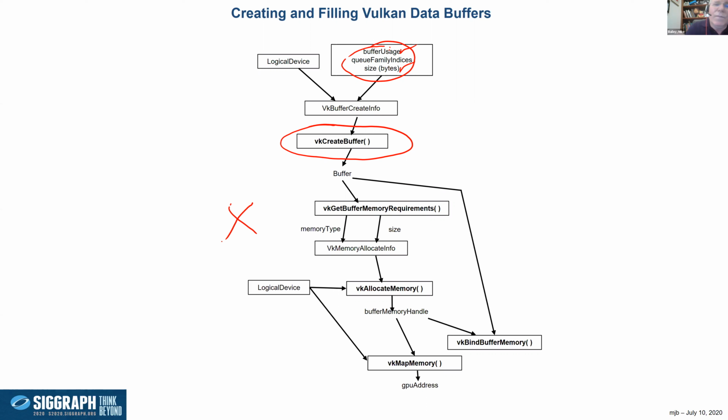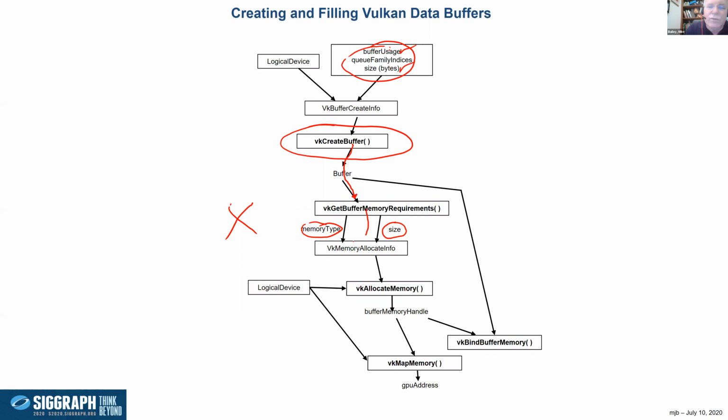Now we ask it, if we have a buffer that is going to look like this, what are its memory requirements going to be? This then gives us back what kind of memory it should go in and the size that it should be in that memory.